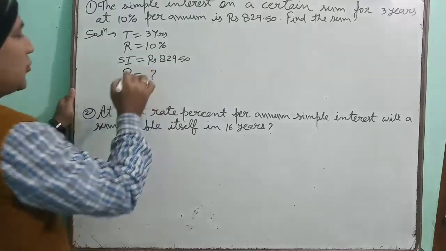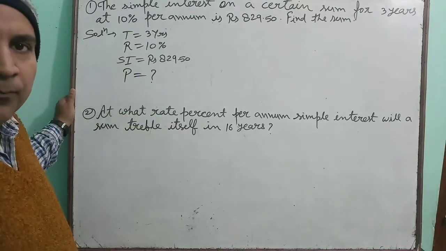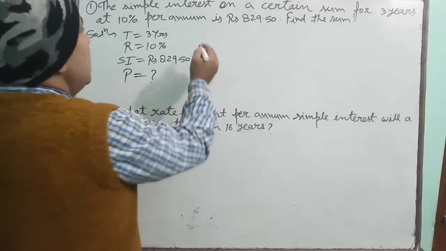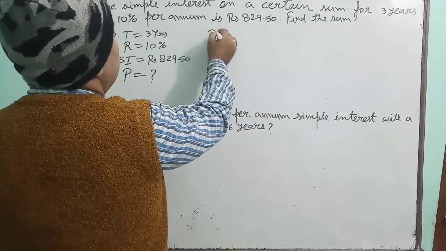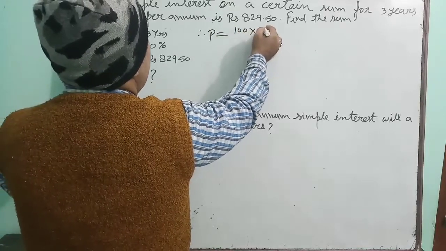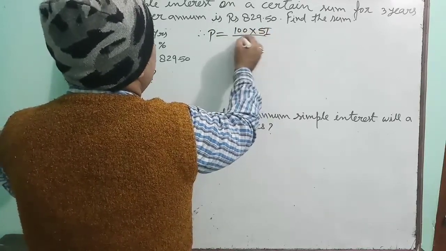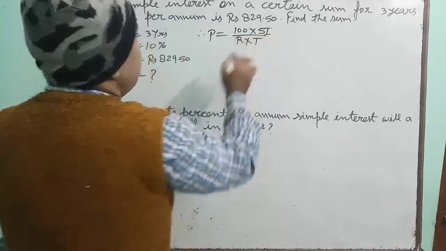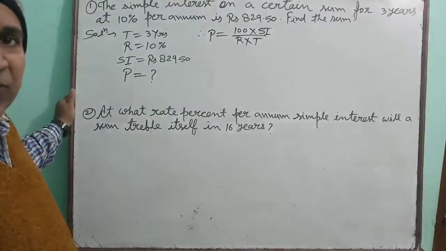Then we have to find the sum. That means we have to suppose the principal amount. Understood? So how to solve? See this one. We have seen the formula that principal amount is equal to 100 into simple interest upon rate into time. This is the formula.